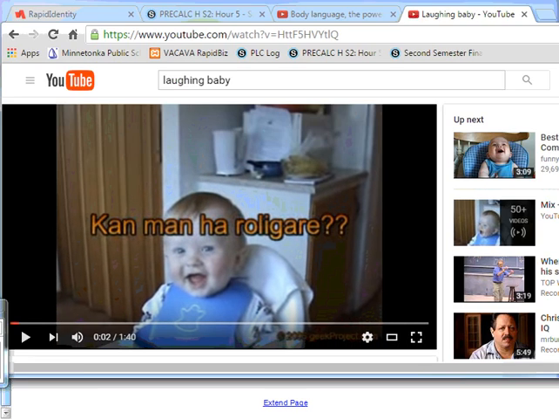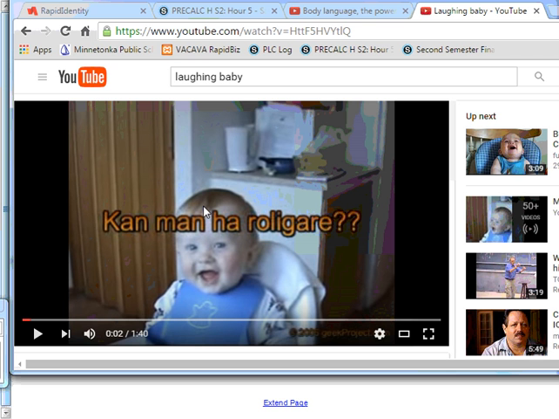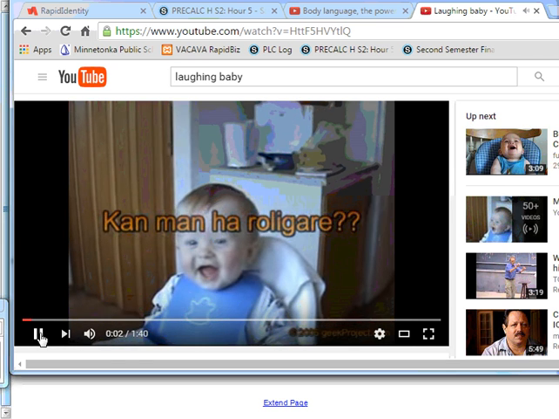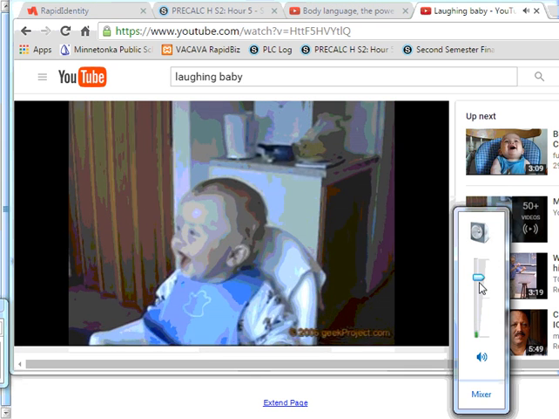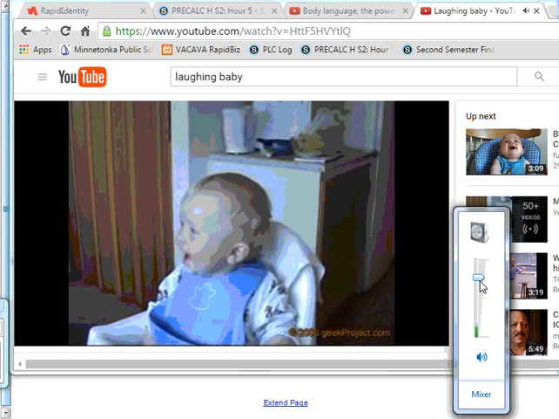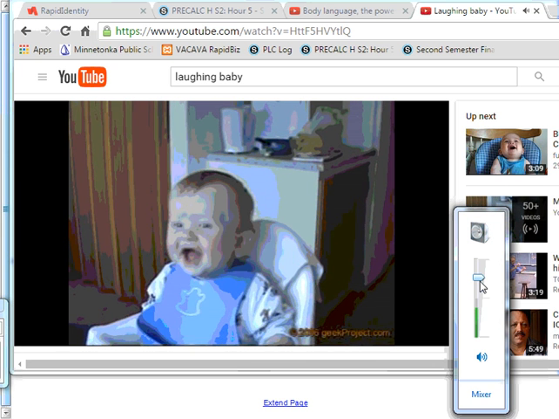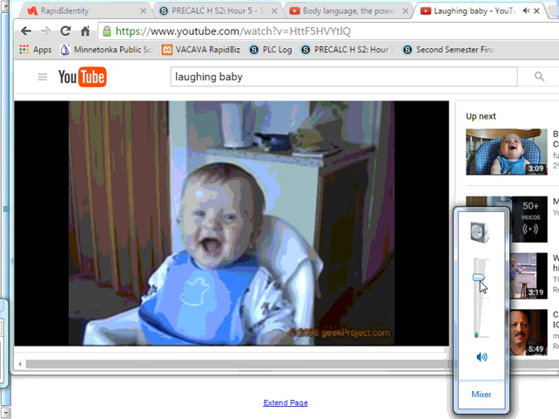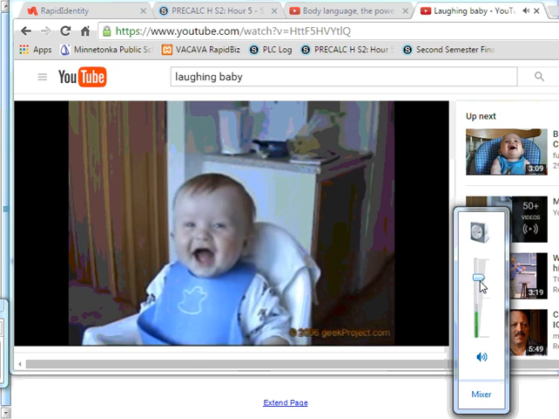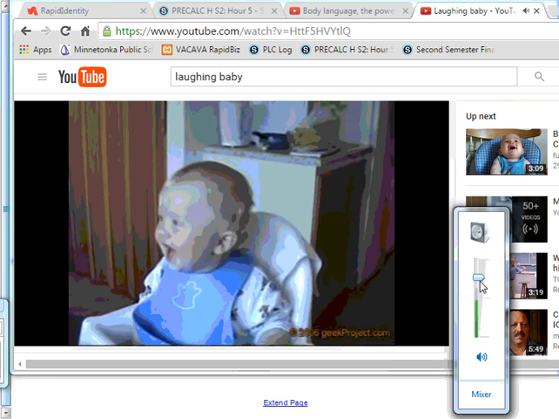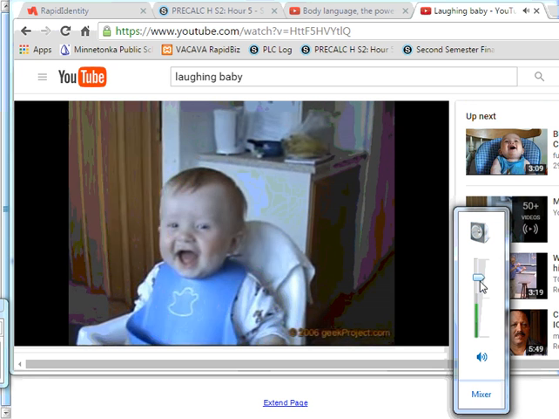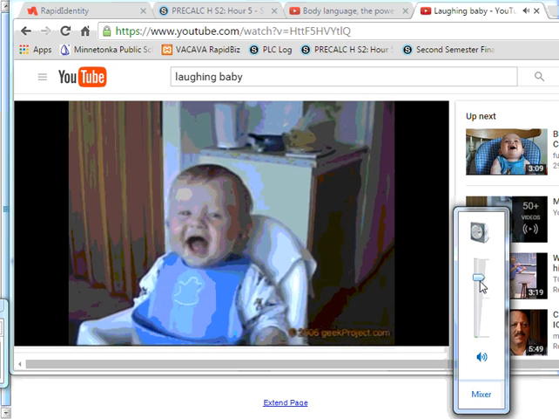This baby is laughing in some foreign language, but it's kind of one of the beauties of laughing. It's universal. Dad's just goofing around with the baby. So cute.